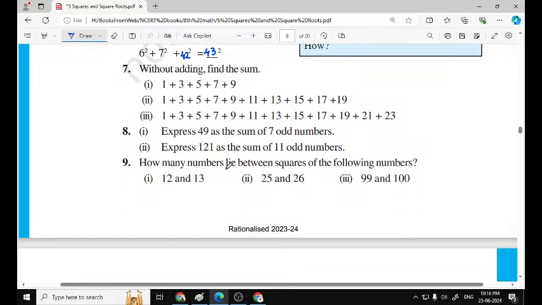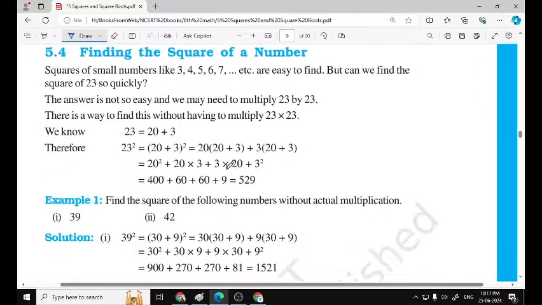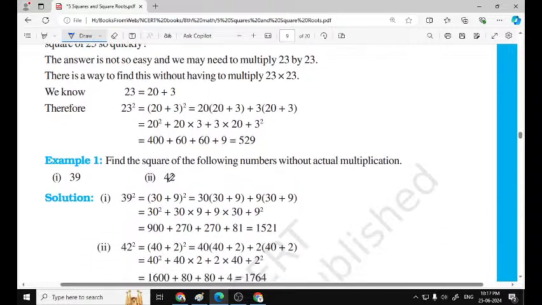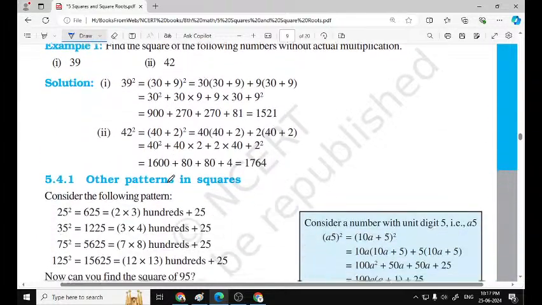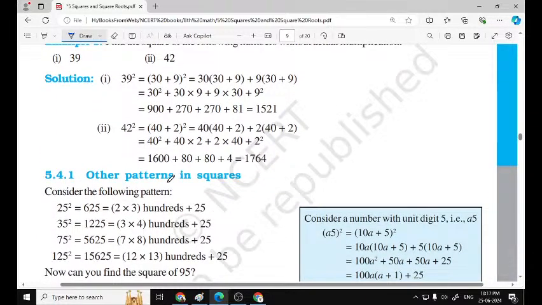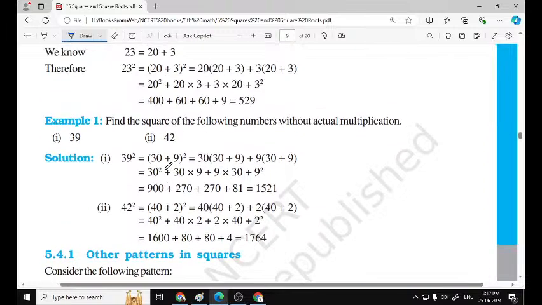Try to solve the remaining questions. Finding the square of a given number: multiply the number with itself to obtain its square. Now if we want to find the square of 56, which is 56 into 56, we can write this as 50 plus 6 whole square.